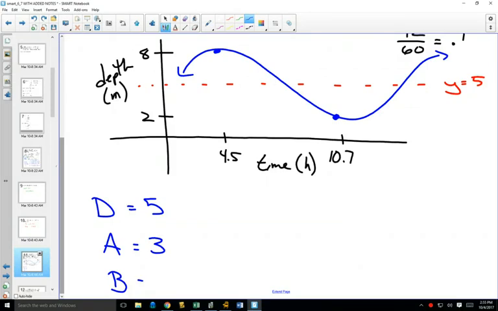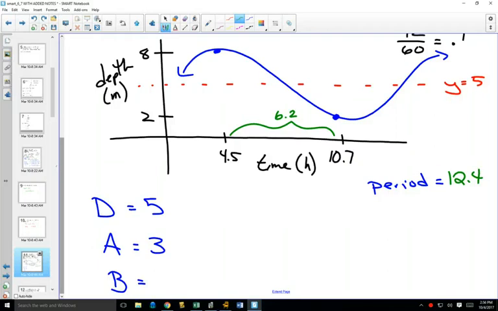What's our B value? Well, first of all, what's our period on this graph? Why do we have enough information with just our maximum and our minimum that we can tell what the period is? So if we know that this distance here is 6.2, that's going to be half of your period.